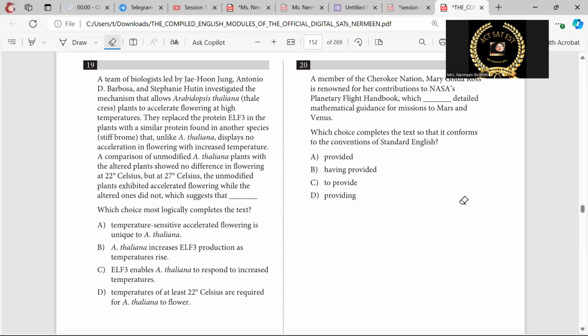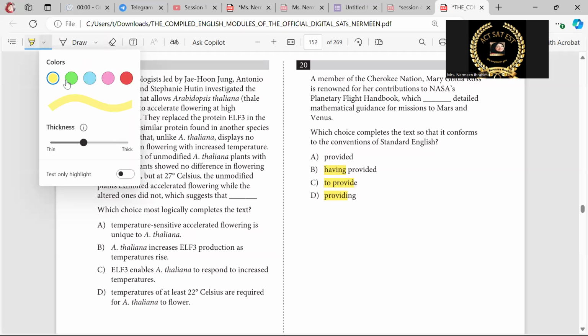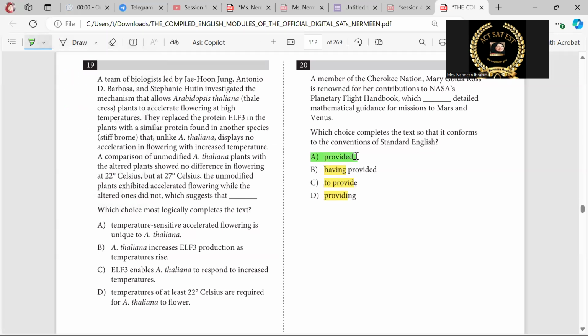Excellent, that's amazing. Most of you chose the right answer. It's A. If you can apply the 3-to-1 thingy, but this time for finite and non-finite, I'm so proud. This is non-finite, non-finite, non-finite, and the only one that is finite is this one, provided.